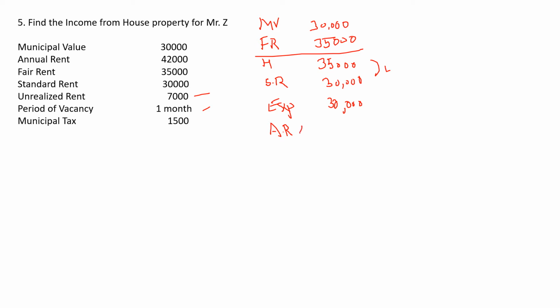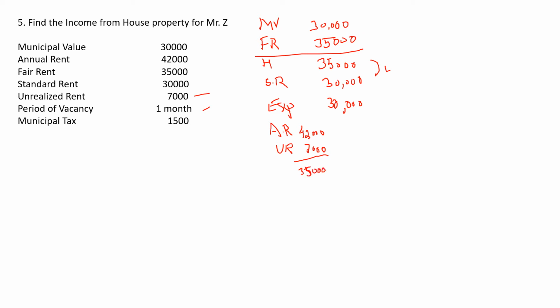So we will be deducting this 7,000, that is the unrealized rent, and we will be getting an amount of 35,000.